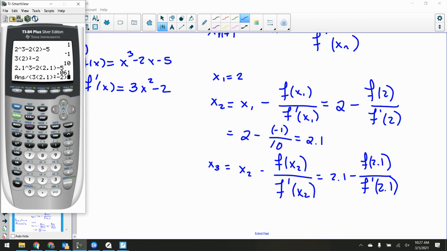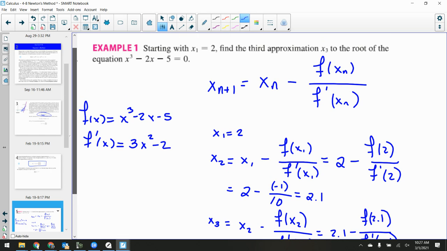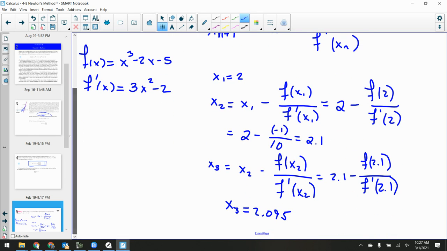That's f of 2.1 divided by f prime of 2.1. So it's 2.1 minus this decimal, my answer, 2.095. That's what I got here. So x3 is 2.095, and that's what it asked for: find the third approximation to that root. So the third approximation is 2.095.